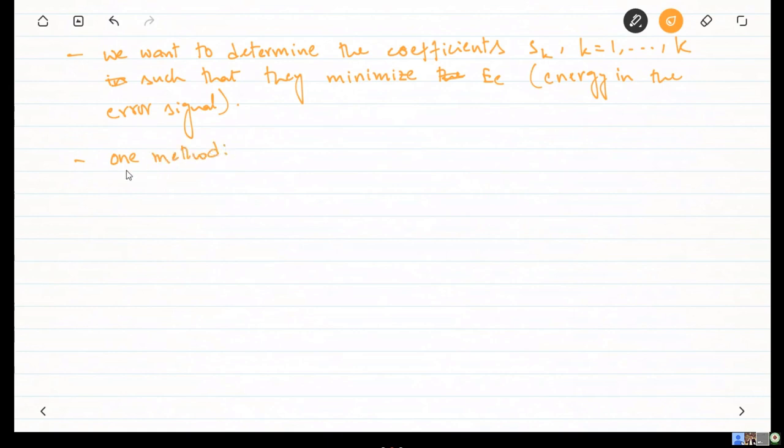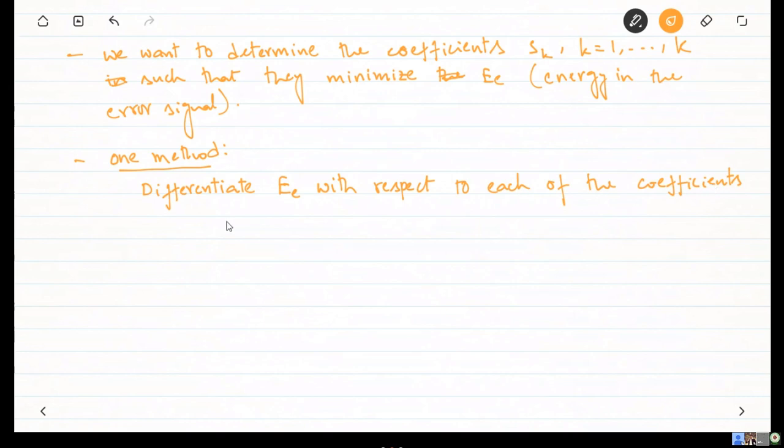One method, all of you know this kind of method, is to differentiate the energy in the error signal with respect to each of the coefficients Sk, k equal to 1 to capital K, and set the first derivative to 0.